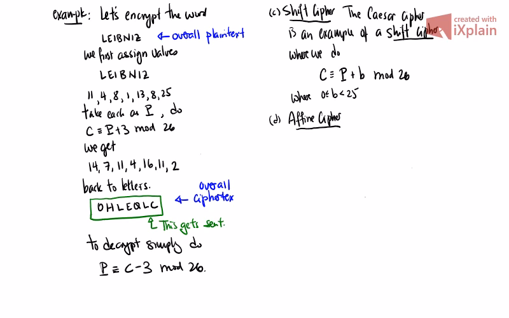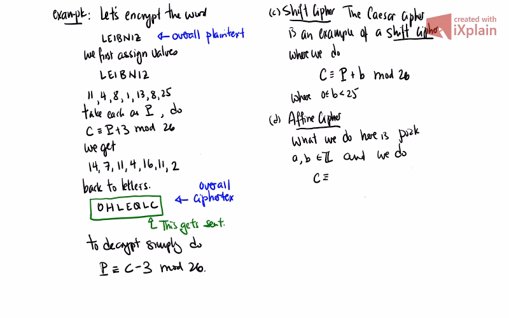So what we do for an affine cipher is different, right? What we do here is we don't just pick a B, we pick an A and a B in the integers. And we do the following.